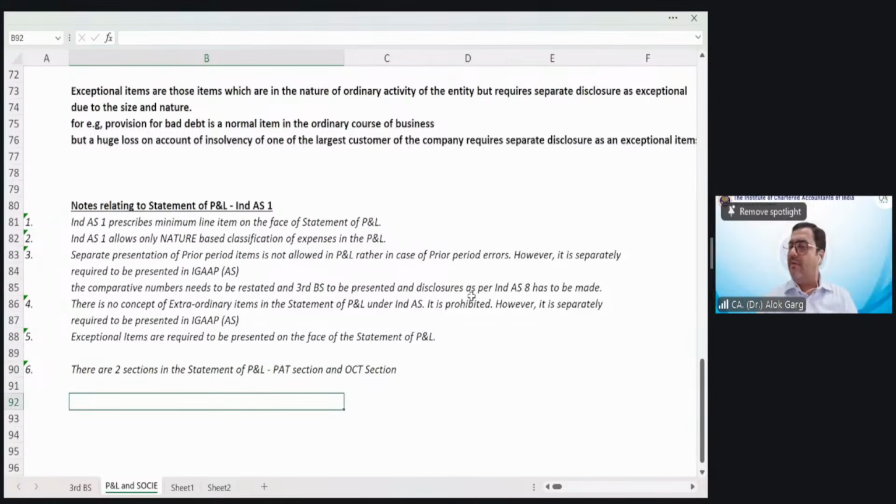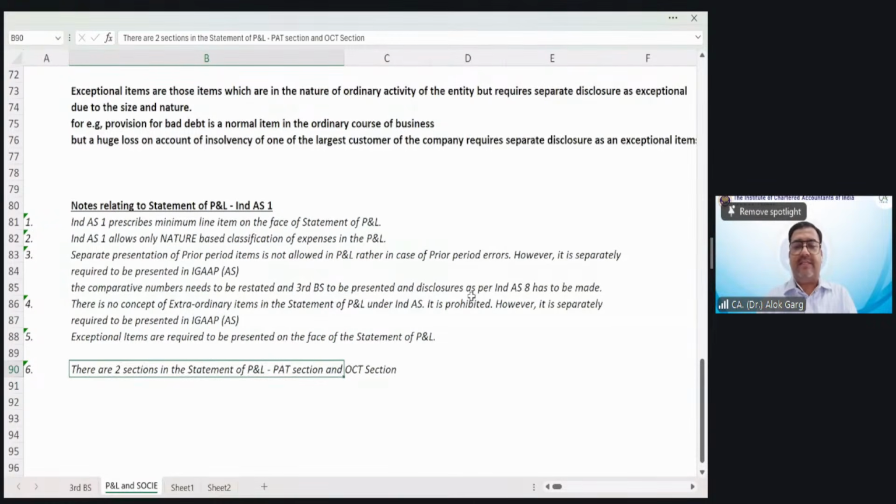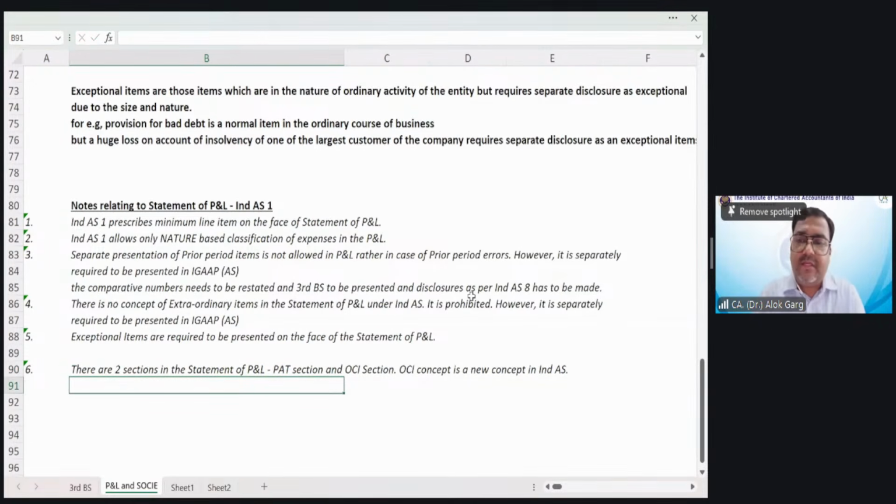The OCI concept is a new concept in Ind AS. This concept was not there in IFRS. This is a new concept in Ind AS.